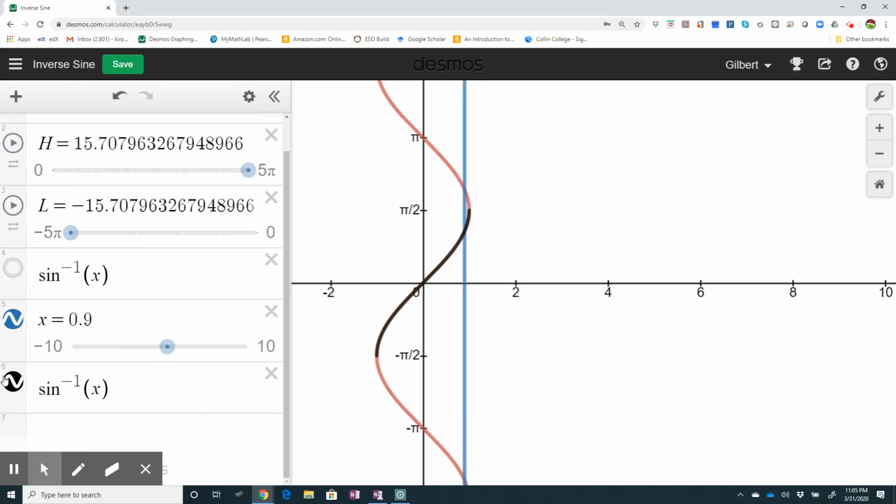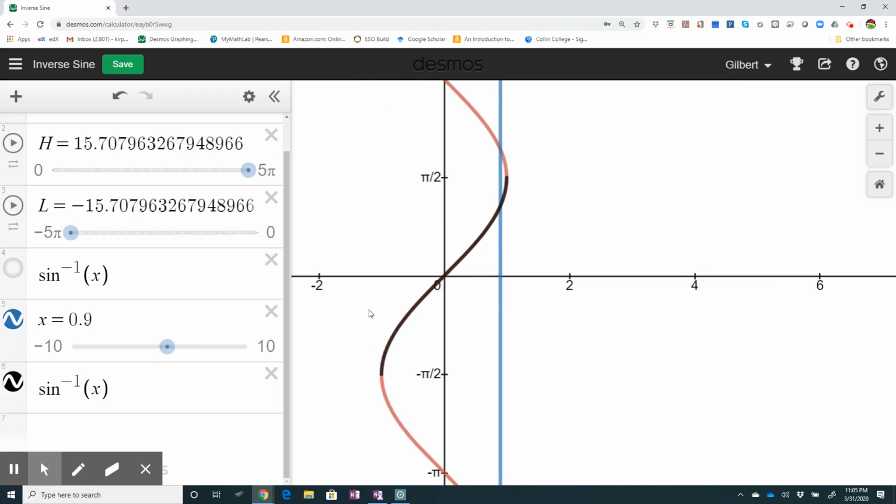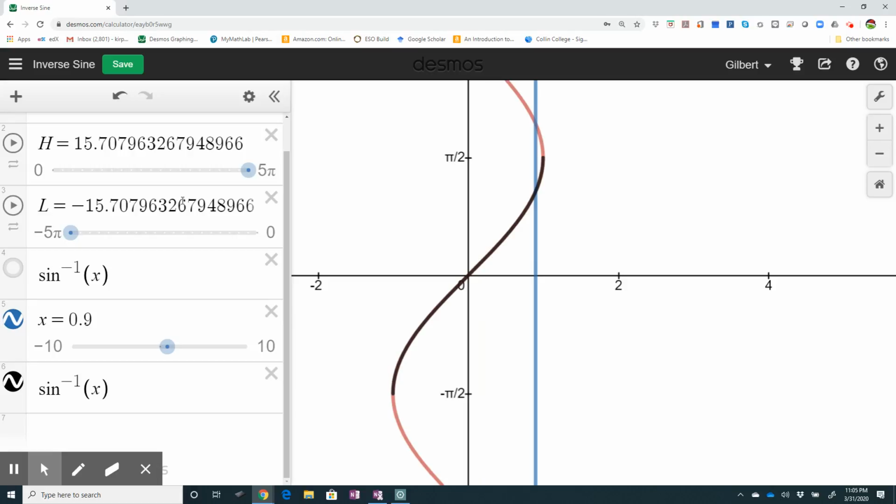Notice that Desmos does know sine. If you type x equals sine y, it types the whole thing, which is not a function. But if you type in sine inverse of x, that is a function, and it's only this little snippet. Cool?